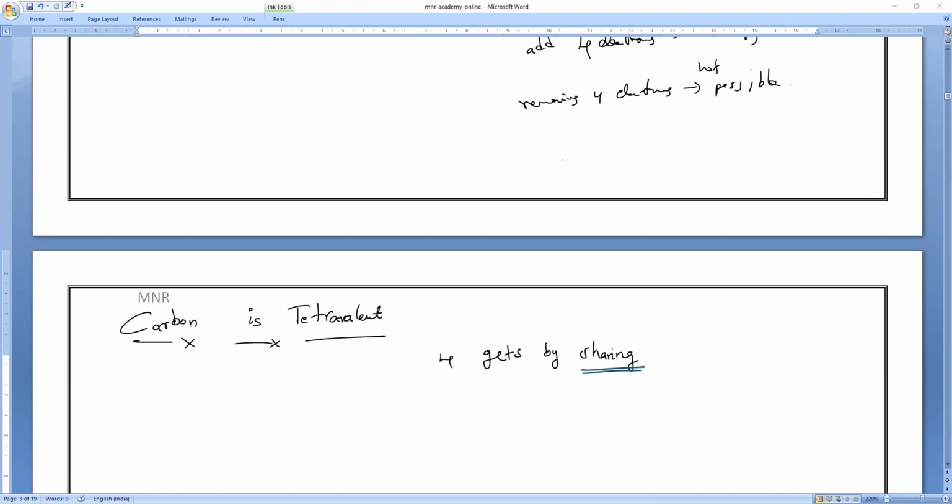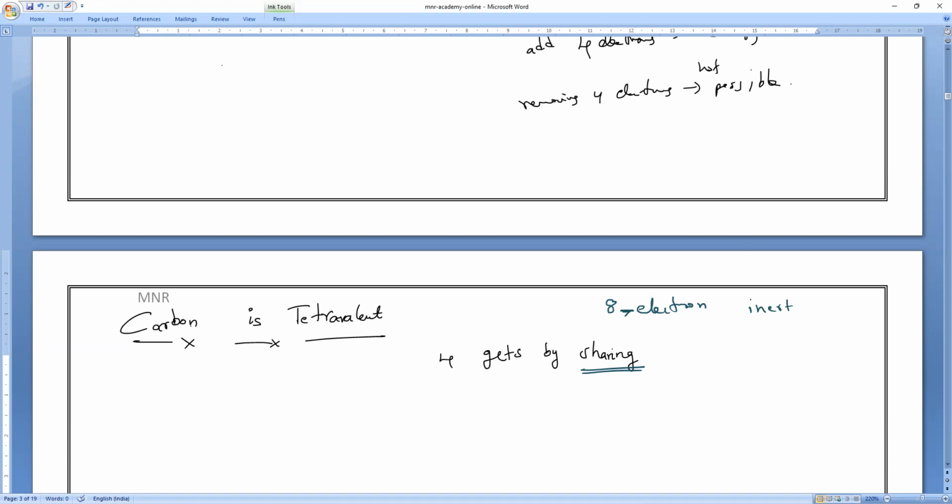So it requires how many electrons, everybody? It requires 4 electrons to achieve the stable 8 electron inert gas configuration.